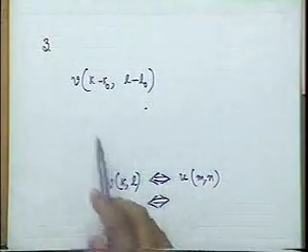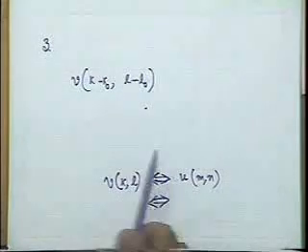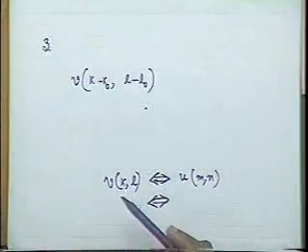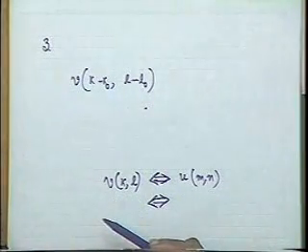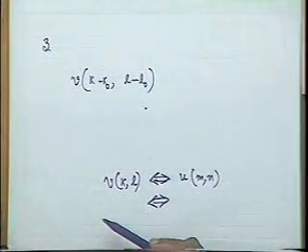Now, if I consider v(k minus k0, l minus l0), what is the transformation pair for this in terms of u(m,n)?